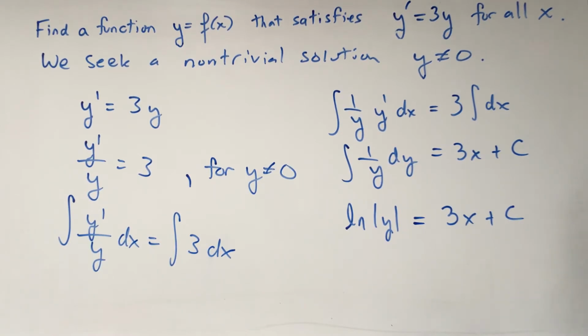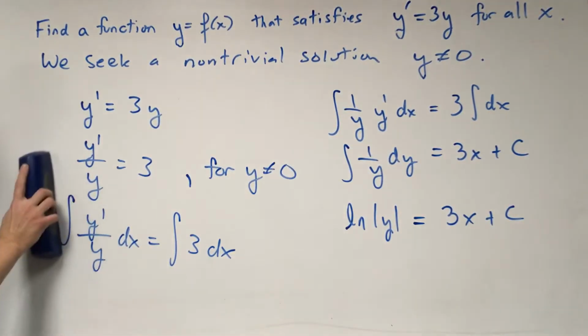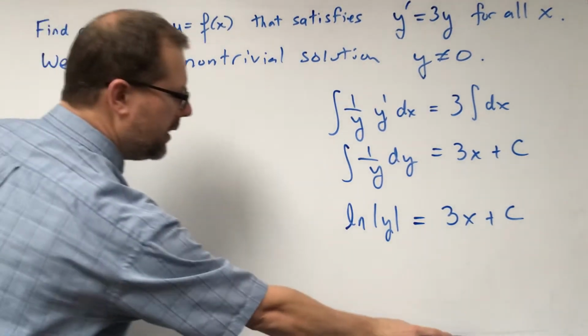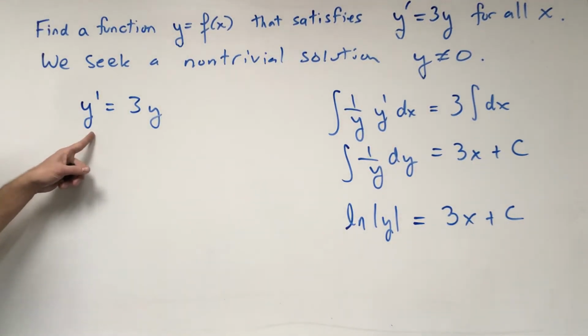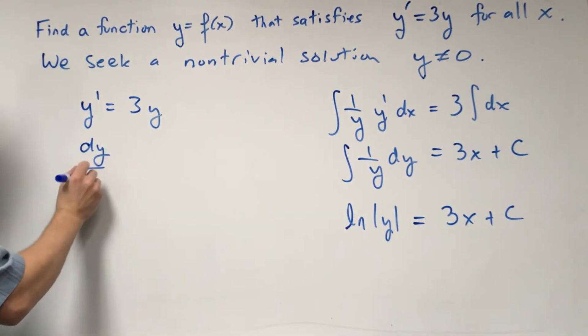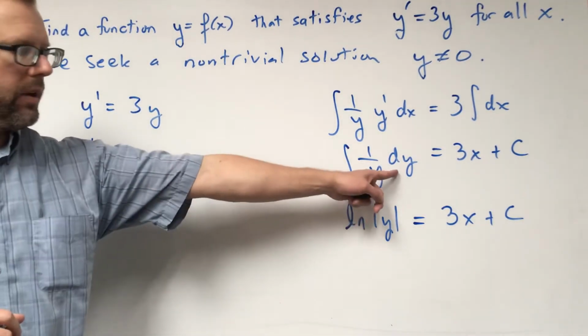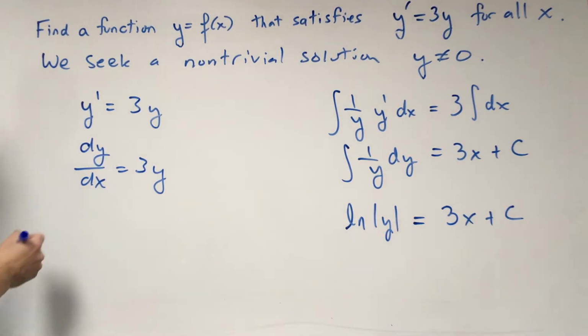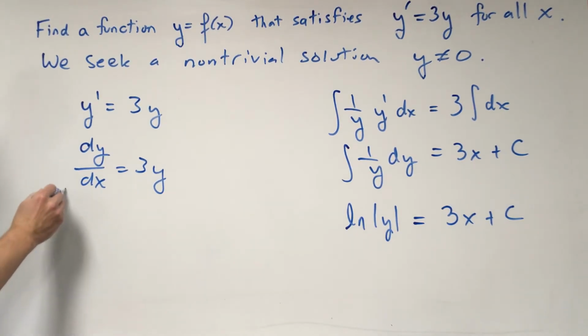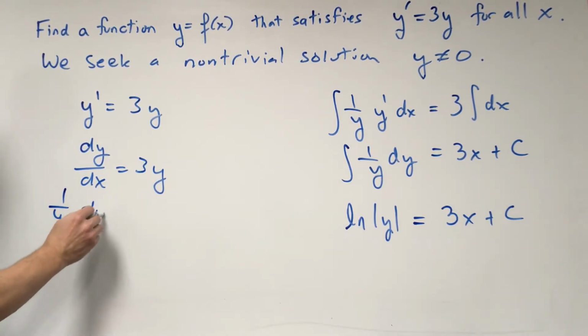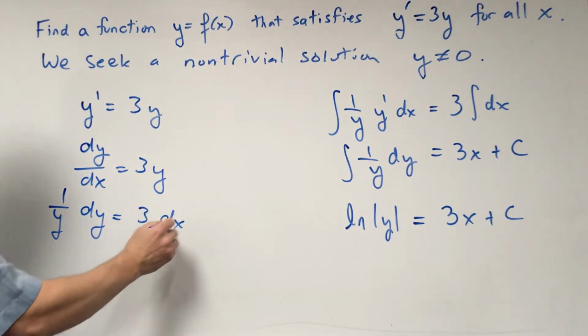Now let's come back to the original equation for review for a moment, because we're not done here. Let's revisit our prime notation and replace it with the Leibniz notation. An alternative way to envision this process, dy dx equals 3y, is to divide both sides by y, but also multiply by the dx.